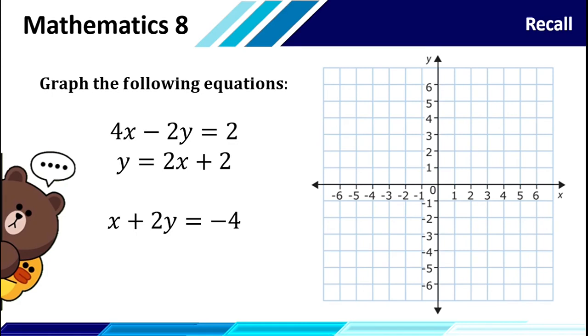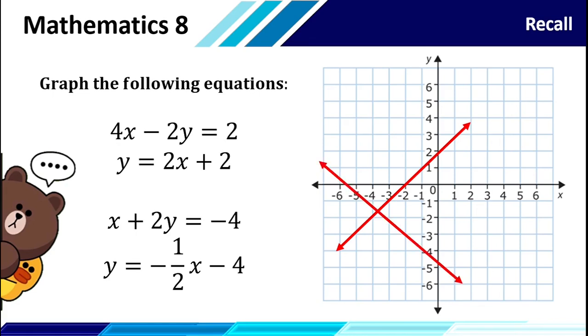And when we graph it, this will be the graph of the equation. When we convert our second equation to slope-intercept form, it will be y equals negative 1/2 x minus 4. And when we graph this one, it will look like this.